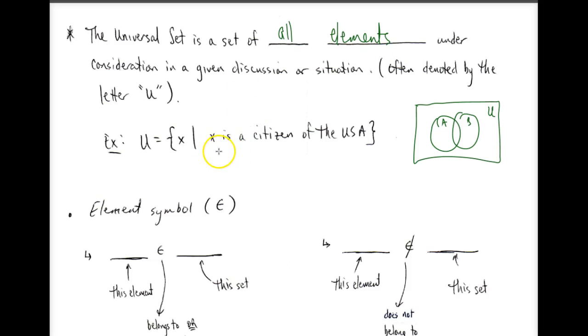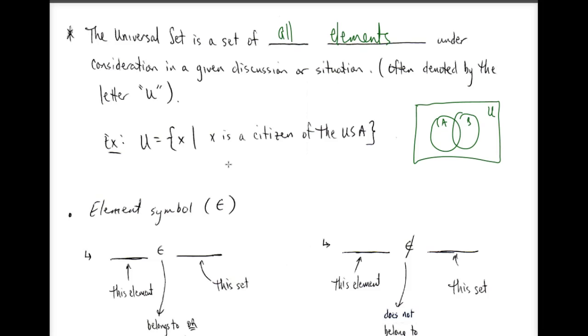An example of that is, of course, I'm recording this video during a major election cycle going on in 2016. If you are a citizen of the United States that's registered to vote, then you're in the universal set of all people being considered as people that can vote for our next president.